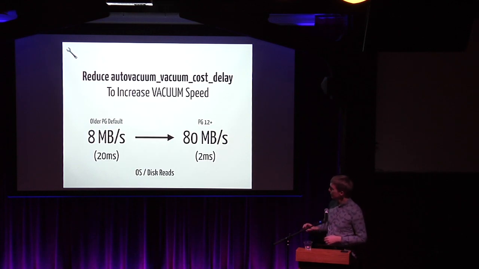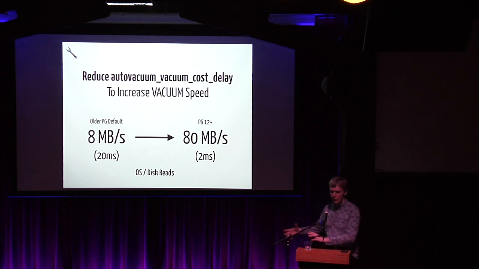Here are two really quick tips. Postgres changed a default: it used to always be that Postgres read data for autovacuum at 8 megabytes per second, which essentially was very slow, because historically that made sense. In Postgres 12, that was increased tenfold.